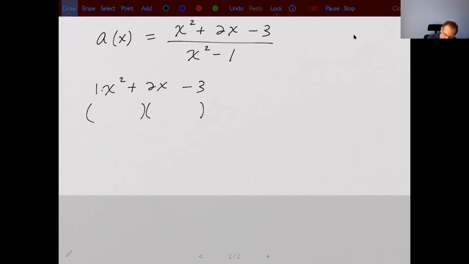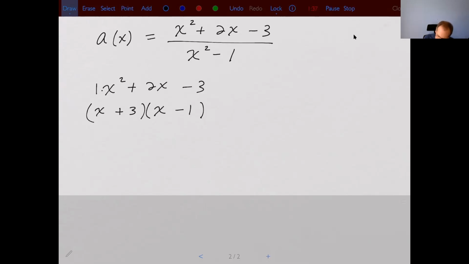And because the only way we can get x squared is if I multiply x times x. And then if we can think of two things that when multiplied give us -3 and added give us +2, then we will have factored it. Well, can we think of two things when multiplied give us -3 and added give us +2? Yeah, a +3 and a -1 will work, right? If I do a +3 and then a -1.